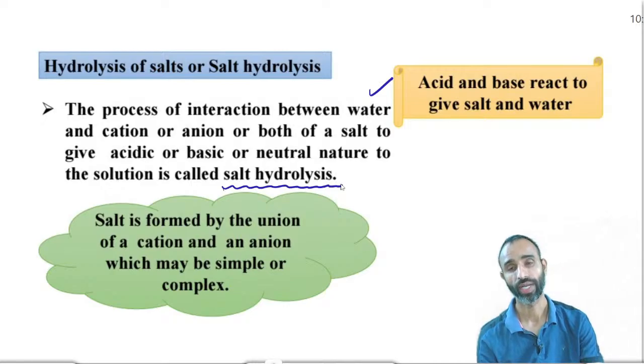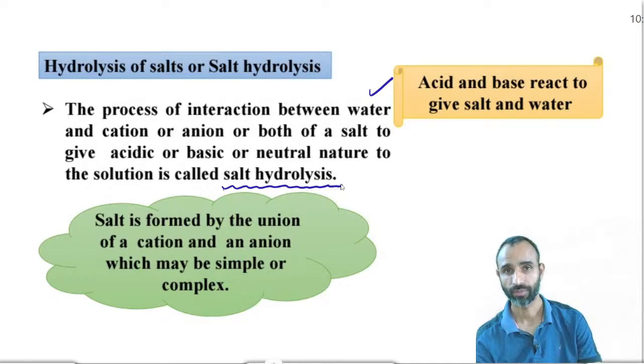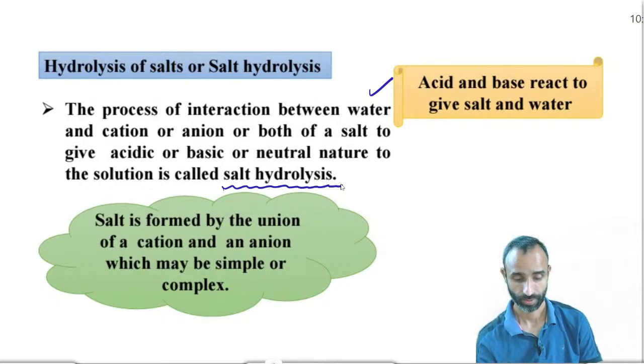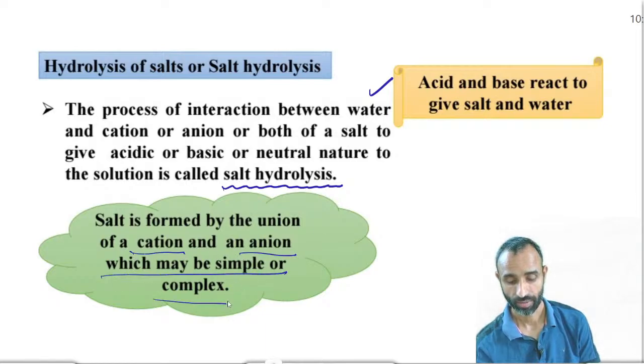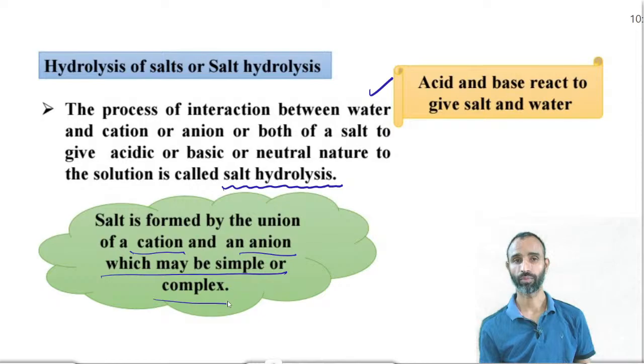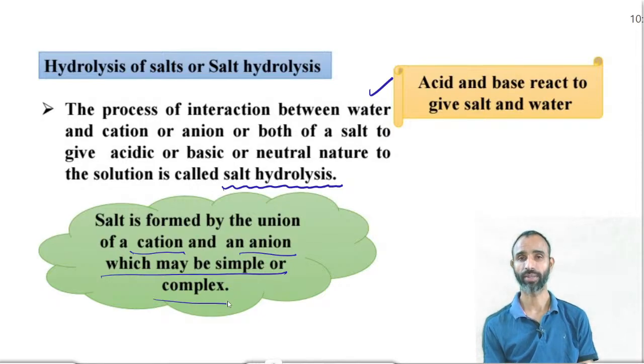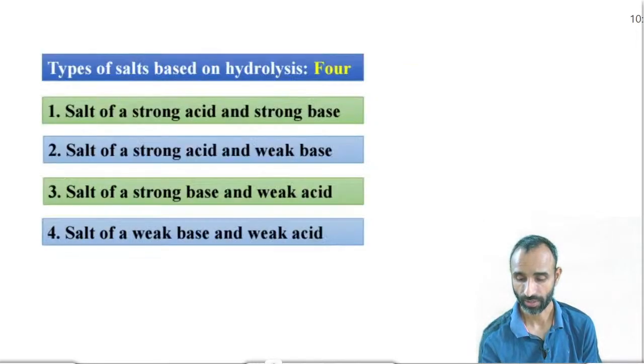And you know, when acid and base react, they give salt and water. So this is the reverse of neutralization, and a salt is formed by the union of a cation and anion, which may be simple or complex ions.